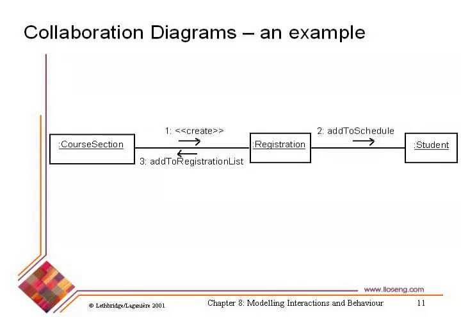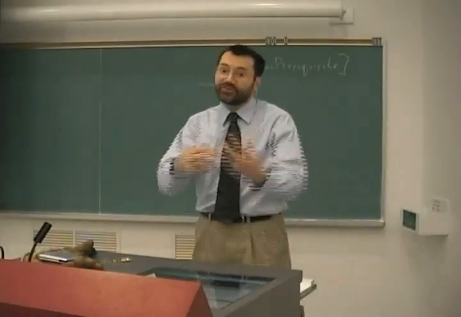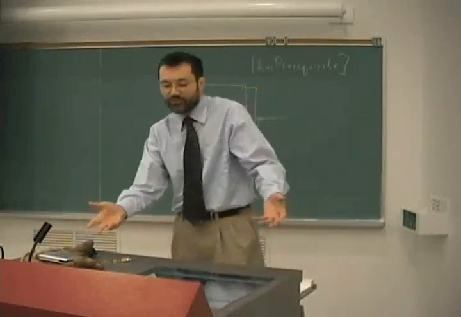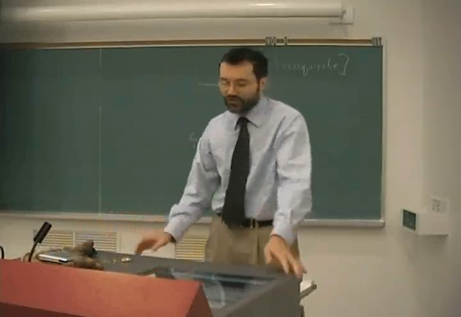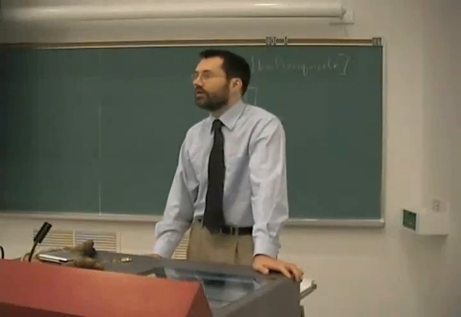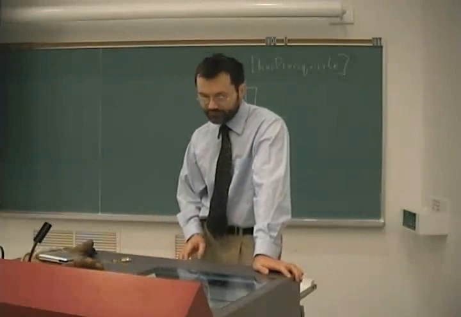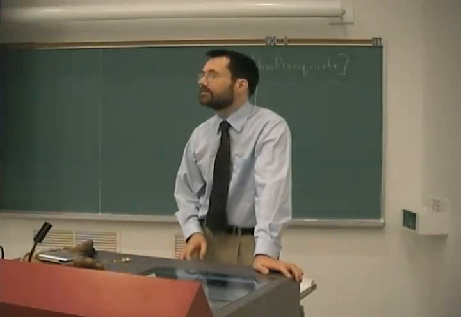We saw this term expressed earlier on in the end of chapter 5, okay, when I talked about the collaborating objects that get together to implement an association. Well, that's exactly what's going on here. Okay, these objects are collaborating in order to work together to create a registration. And so that's why these are called collaboration diagrams. Any questions about this syntax?